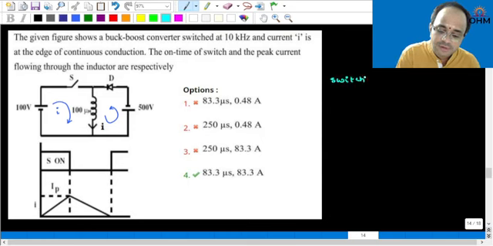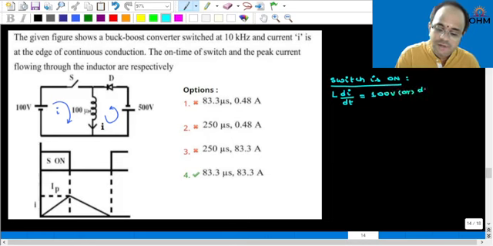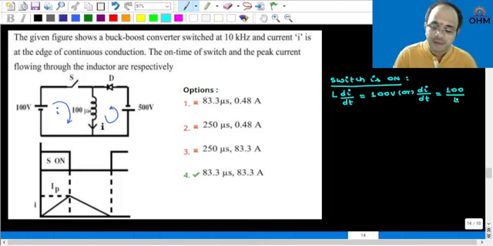When switch is on, L into di by dt is equal to 100 volt. In other words, di by dt is equal to 100 divided by L.